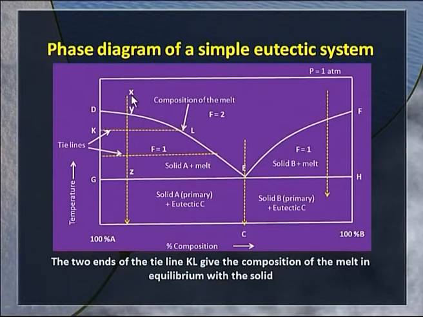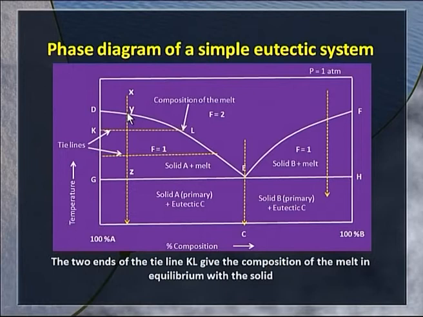It is a bivariant system, and if we start cooling it, the system does not resist. The temperature decreases and we reach the point Y on the curve DE, at which solidification commences and some solid A crystallizes out.